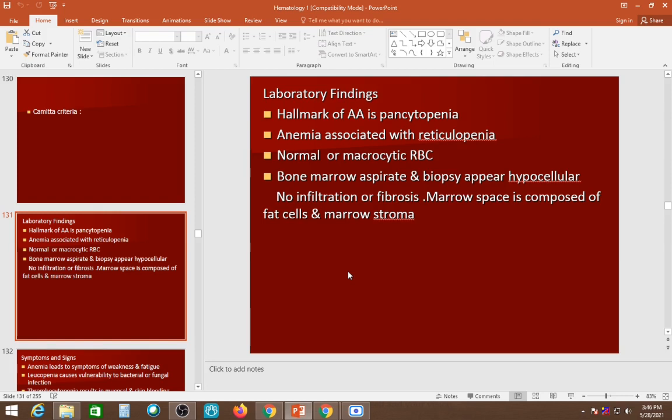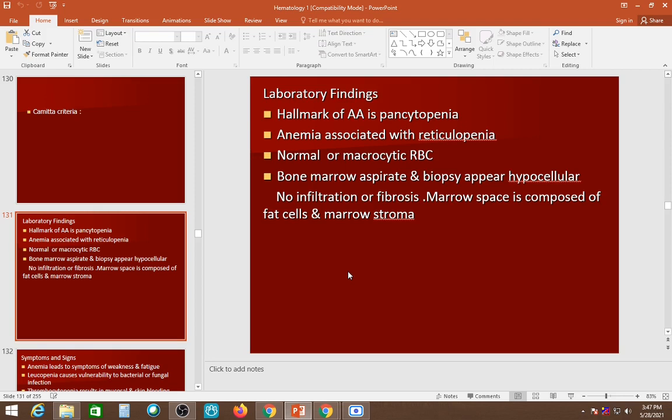There is ineffective erythropoiesis. Then the RBC can be normal, or sometimes macrocytic RBCs can be seen. And the bone marrow, if you do aspiration and biopsy, appears hypocellular.